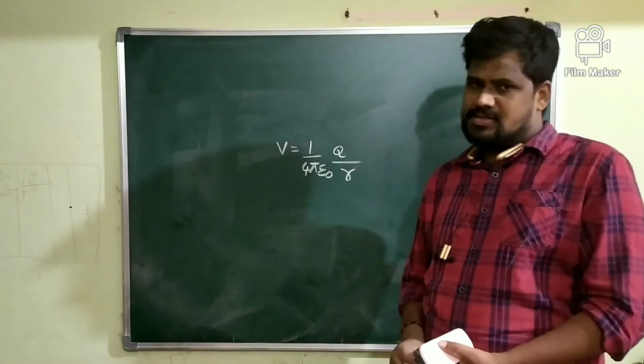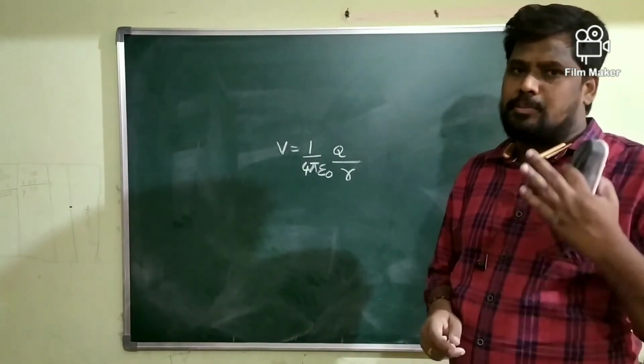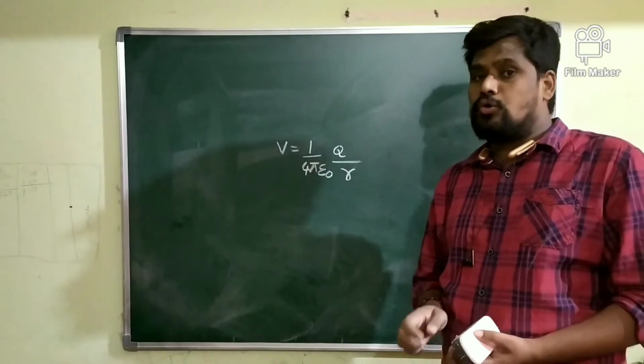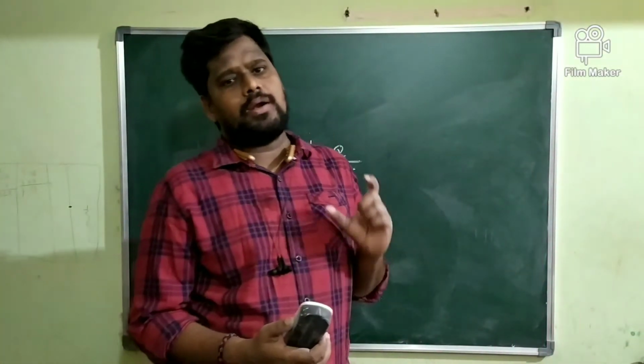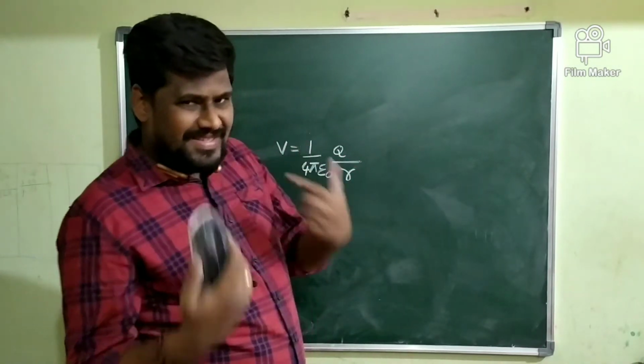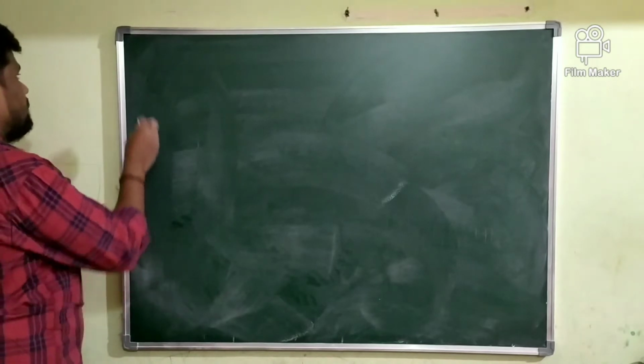But in this class, I am deriving an expression for electrostatic potential at a point due to electric dipole. One of the very important derivation in your syllabus. Let us concentrate. Write down the title here.